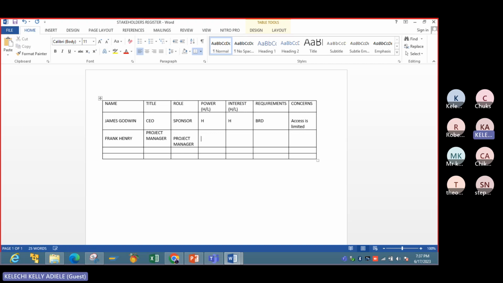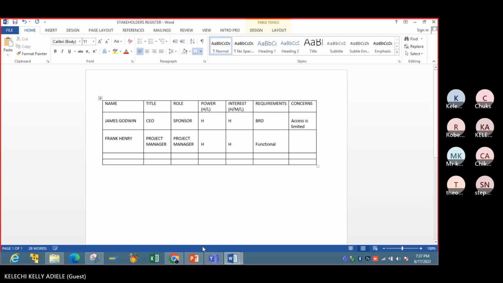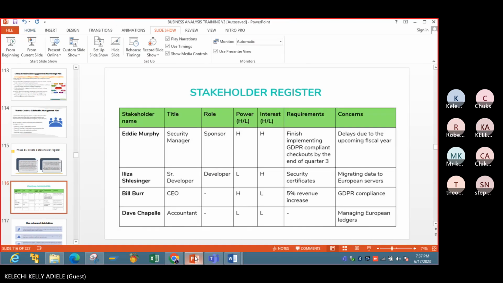You can use Excel for this. The power is high. Here we have high, medium, and low. Interest is high. The requirements are basically functional and technical.